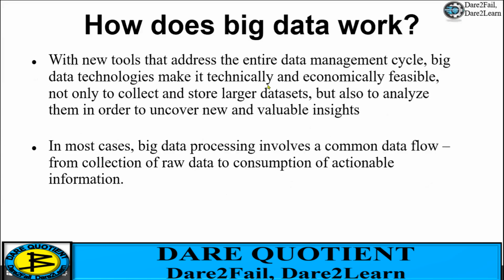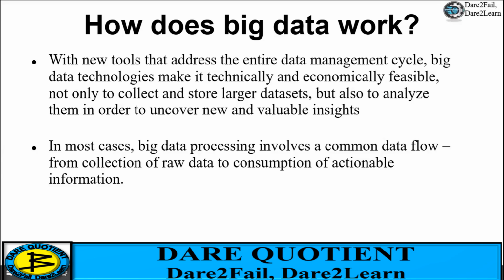So with data analytics, the thing is, how does it work? How does big data work? So what this involves is collecting this raw data, analyzing it, storing this data, and using this analyzed data now to draw valuable insights from this data.